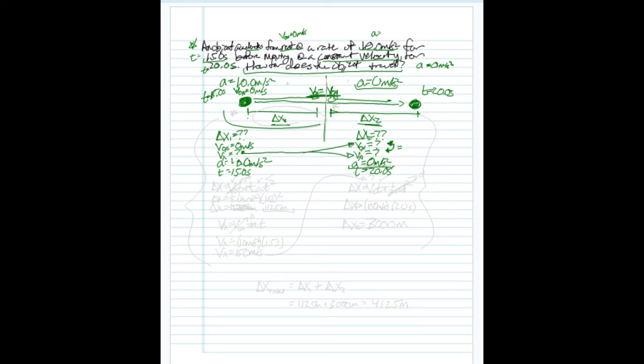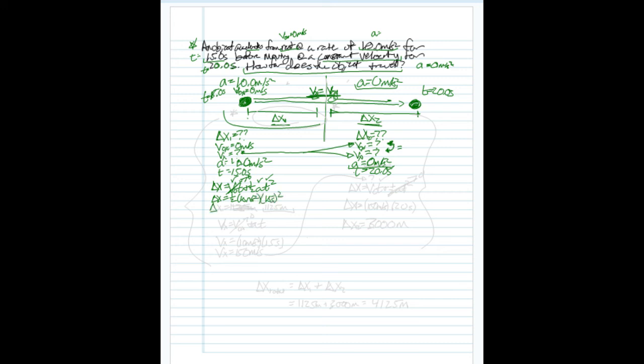Okay. I'm going to look at my equation sheet, and I'm going to look at this equation. I know v0, I know a, I know t. In fact, v0 is so nice because v0 is 0, so it goes away, leaving me with delta x equals 1/2 times 10 meters per second squared times 15 seconds squared.